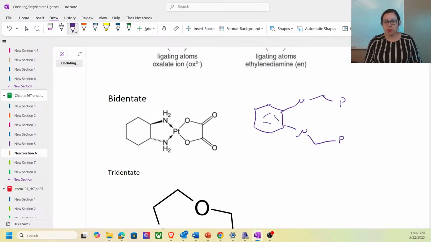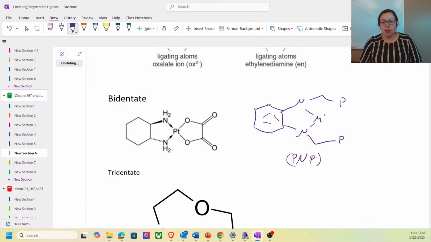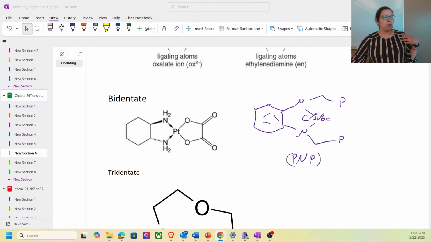And then sometimes there's an extra arm here too, so this is commonly known as a pincer ligand. This would be abbreviated like PNP. And you might also have something else here that could coordinate, like silicon, germanium, carbon. So there's lots of carbene research.